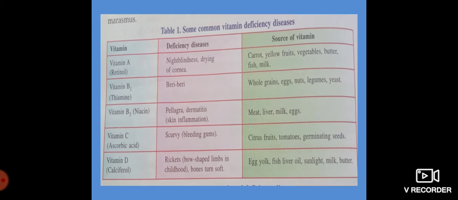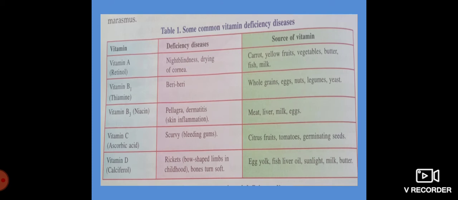So pellagra and dermatitis are the deficiency diseases caused due to vitamin B3. The sources of vitamin B3 are meat, liver, milk, eggs, etc.